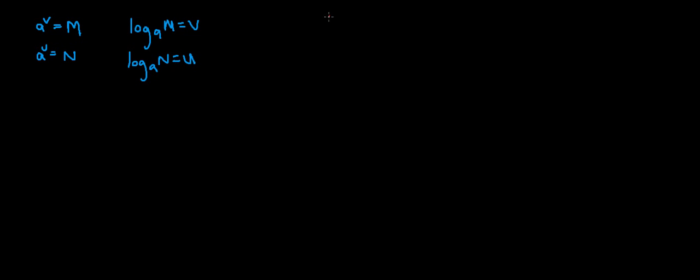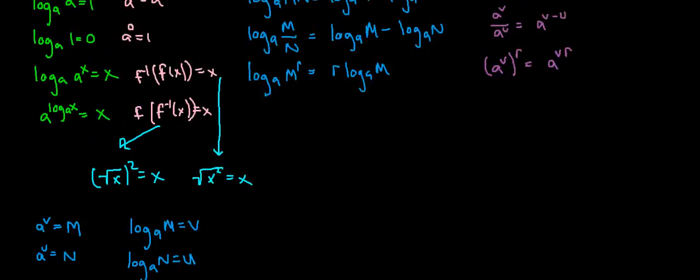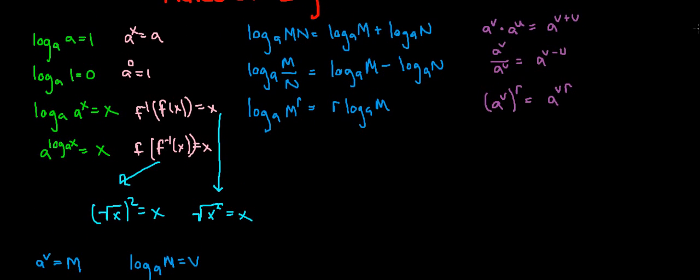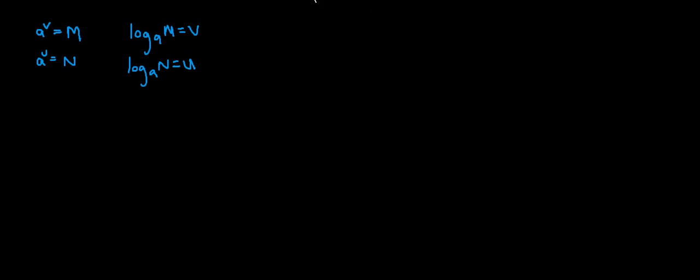So now let me just do the top one. We'll start with this. We know this rule of exponents: a raised to the v times a raised to u is equal to a raised to the v plus u, the sum of the powers.